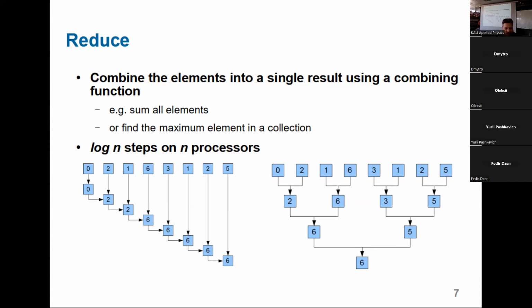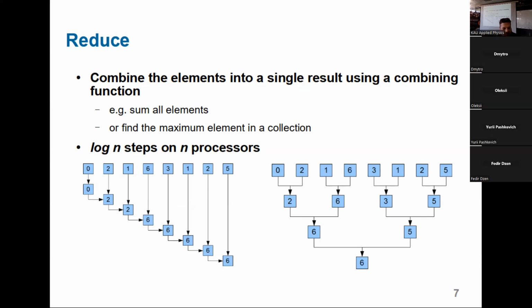And you won't get a linear speedup anymore because you need to do those comparisons, but you can do them first always between two elements in pairs, and then do the comparison in pairs on the results of those original comparisons. And so with this, you arrive at your final result in log n steps if you have n processors.